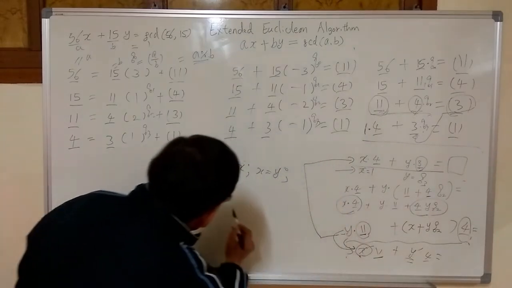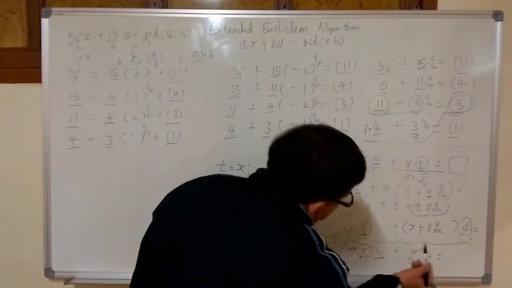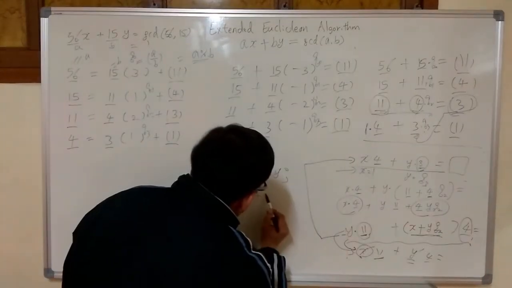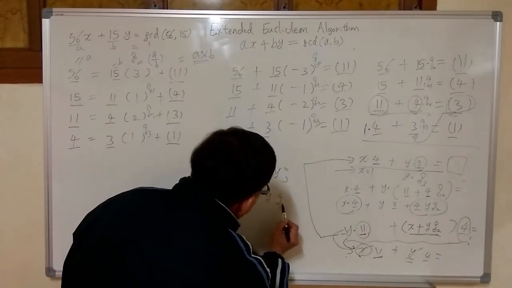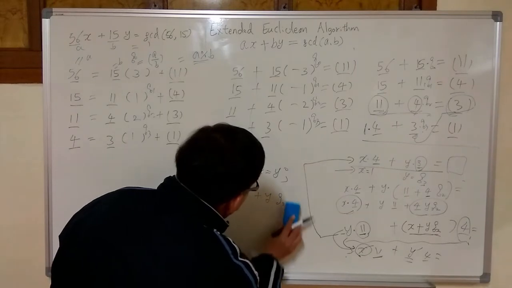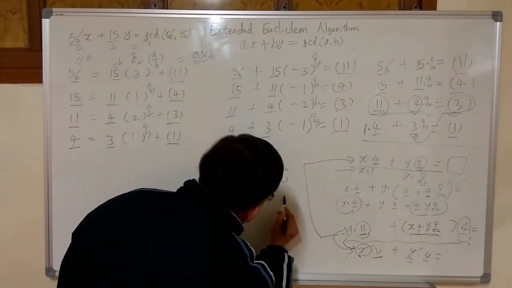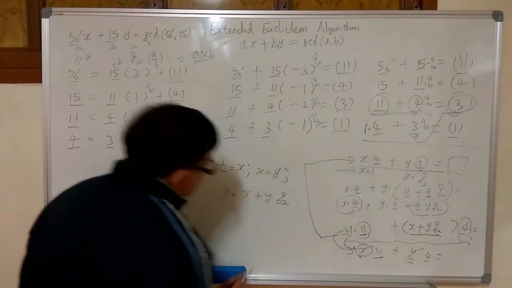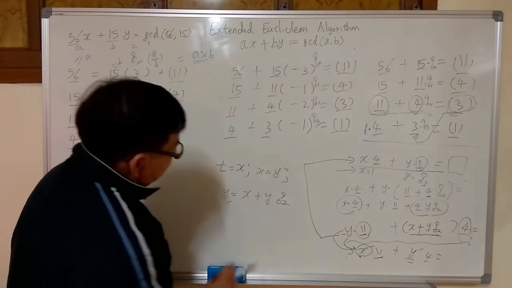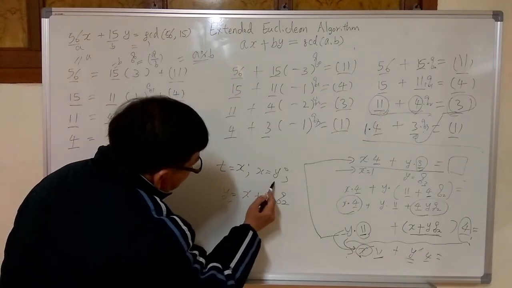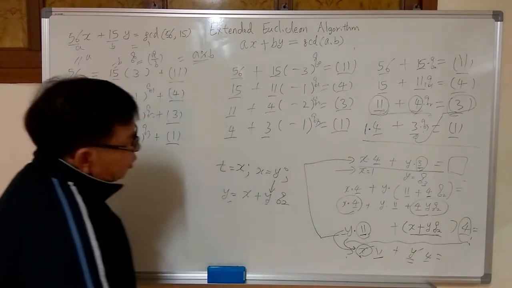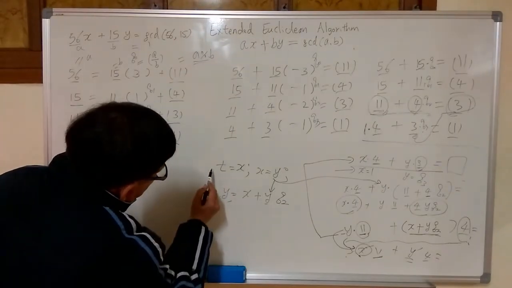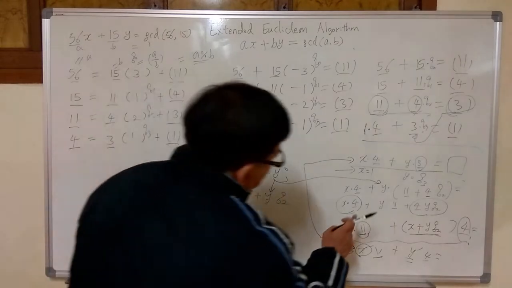Then y should be this equation, x plus y q2. So this y and this y are different. This y is actually this one, the previous one. So with these two equations, this is the initial step.